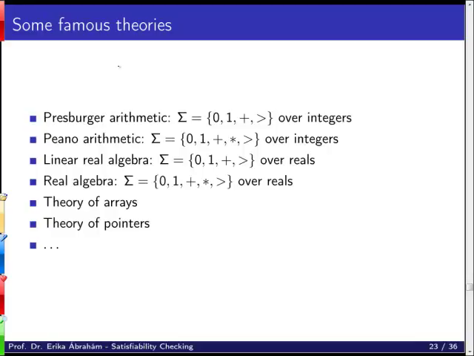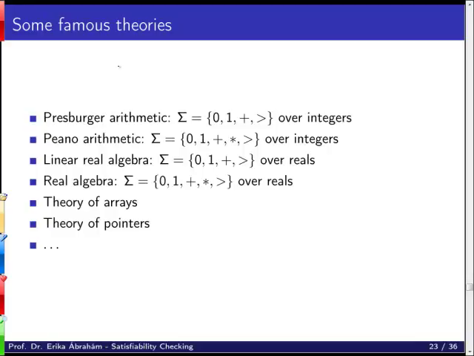Arithmetic and algebra are two related words, and which one is used depends on the aim of where you use this theory. We use the historical name. That's why if you have the reals and only addition, it is called real algebra, which is linear. And if you have multiplication too, it is called real algebra, which might be nonlinear.